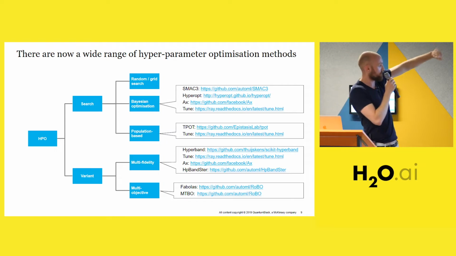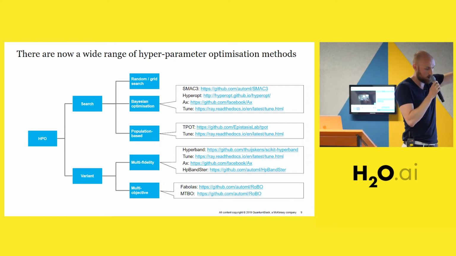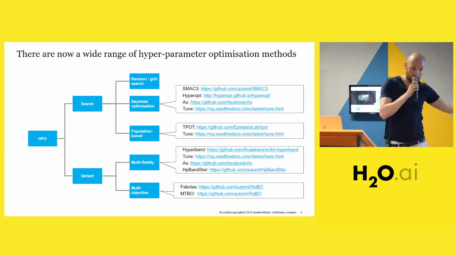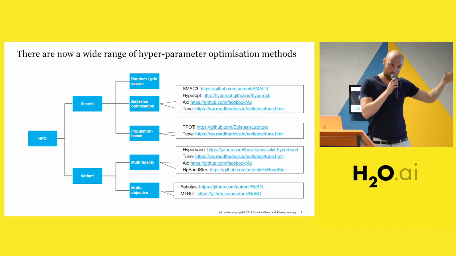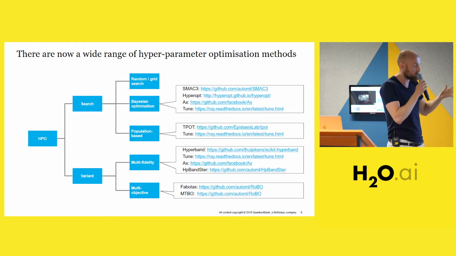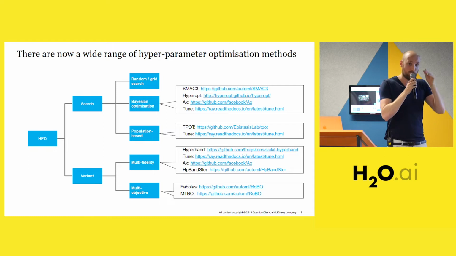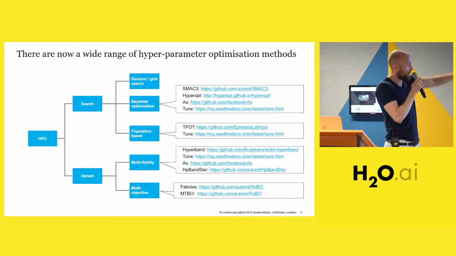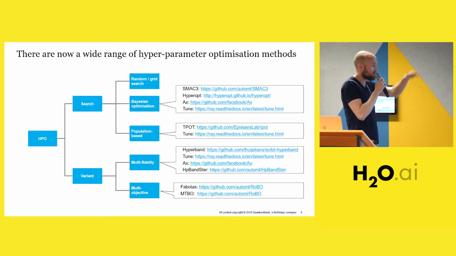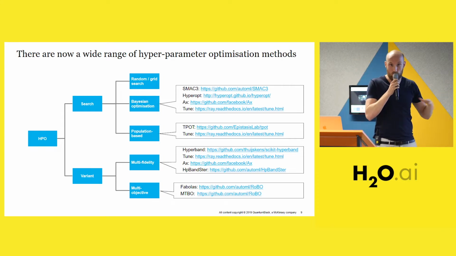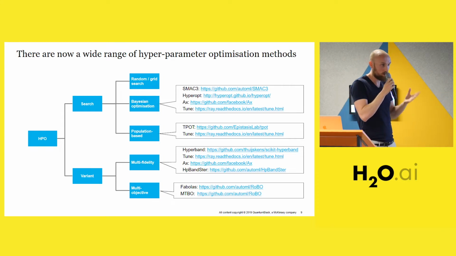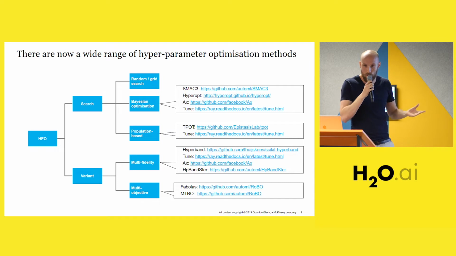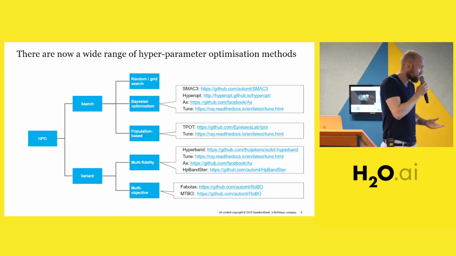What I'm not showing in this diagram is the field of neural architecture search, which is quite recent and which really deals with population-based methods specific to neural networks. But I'm taking a bit of a step back here and talking about more general methods that would work on any kind of model and any kind of supervised learning problem.